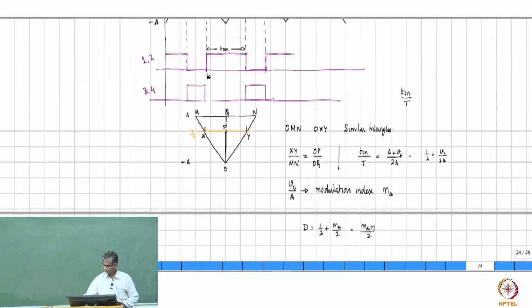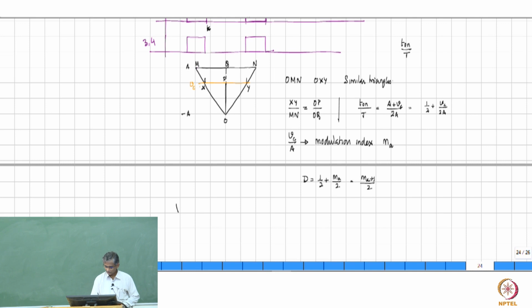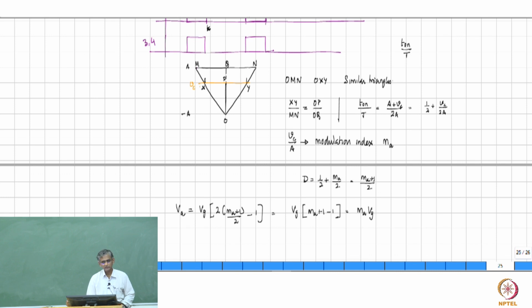Instead of d, you can cast it in terms of modulation index. VA is therefore Vg into 2 times MA plus 1 by 2 minus 1, which is Vg into MA plus 1 minus 1, which is modulation index into Vg, right?